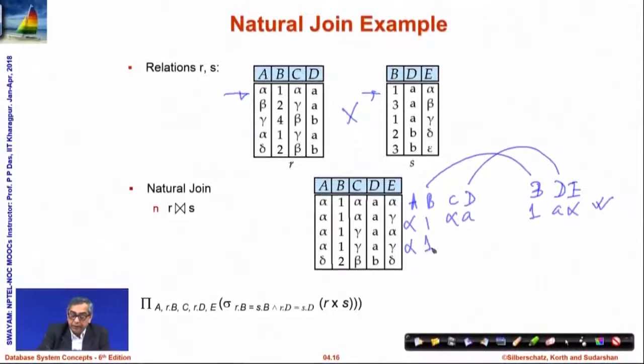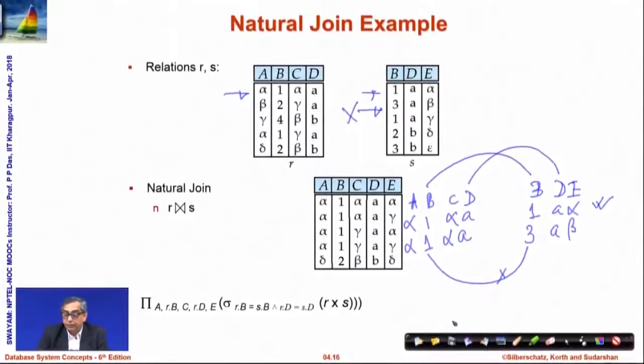But in the Cartesian product, I will also have the first row of R going with the second row of S, alpha 1 alpha A, 3 A beta. Here D does match, but the B does not match.